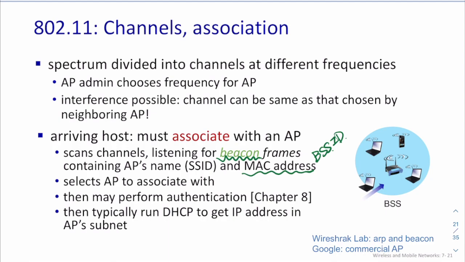Because it is an identifier, the BSS should be uniquely identified. So usually we use the MAC address of the Wi-Fi interface of this AP as a unique identifier, so that we can distinguish different APs and their BSSs.